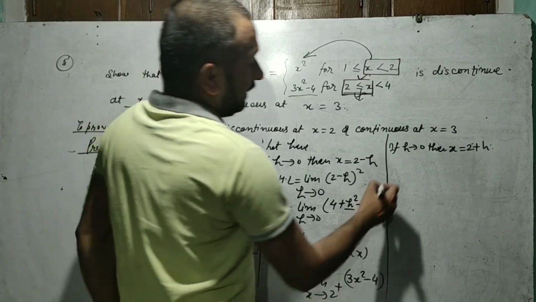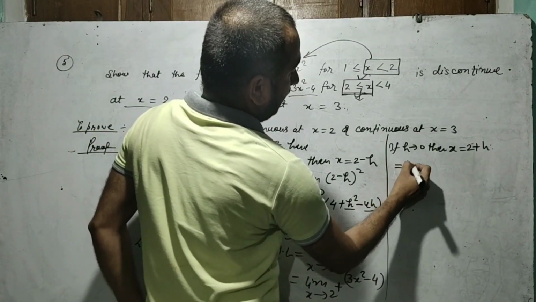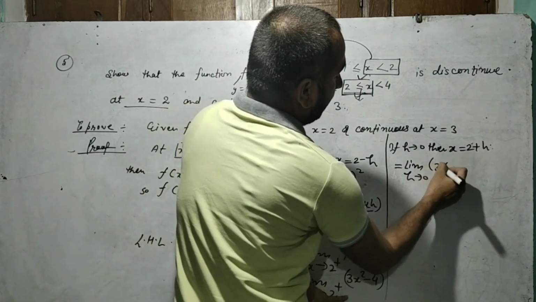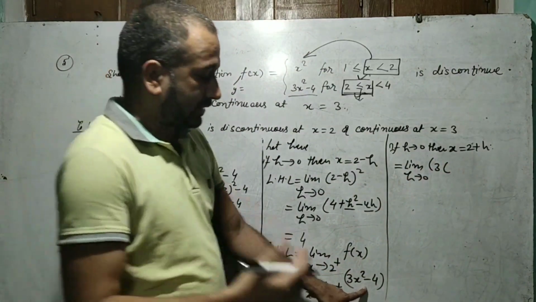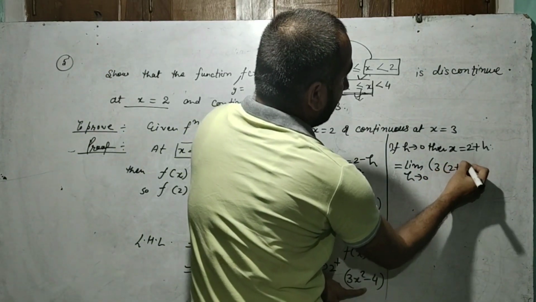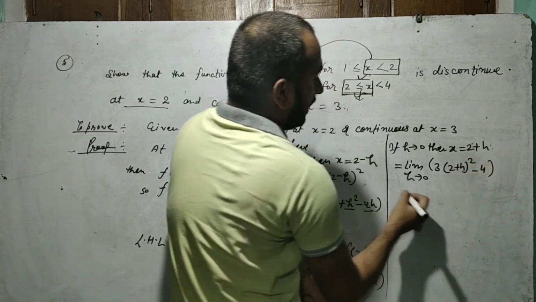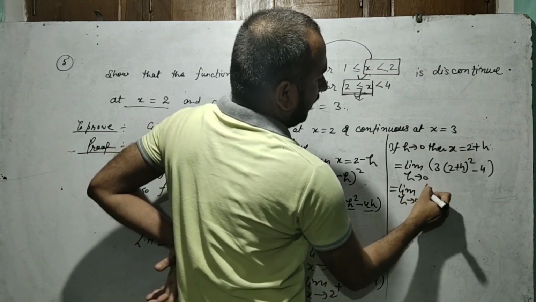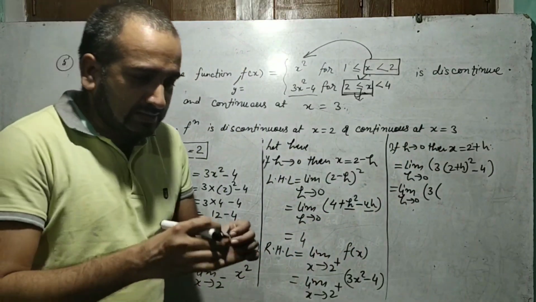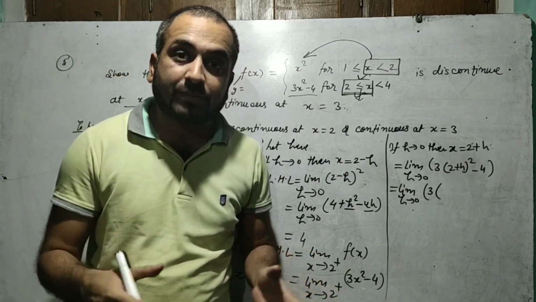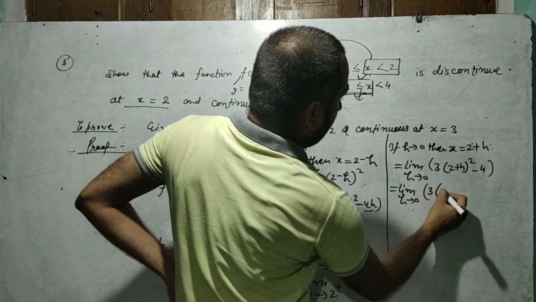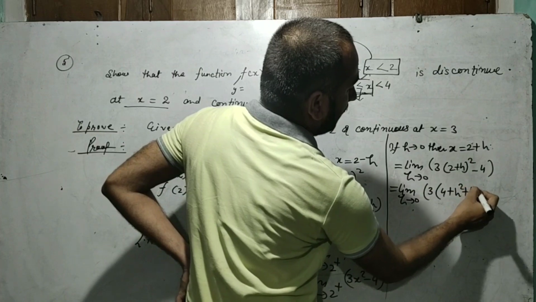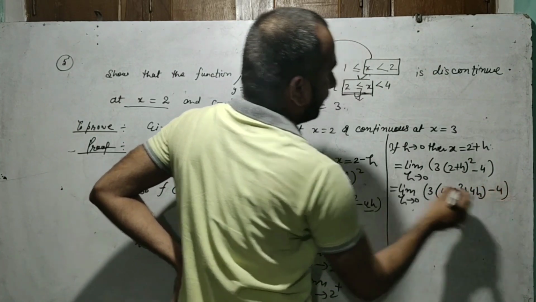So the limit as h tends to 0 gives 3 times, the value of x being 2 plus h, so (2 plus h) whole square, minus 4. 3 of (2 plus h) whole square is again in the form (a plus b) whole square, giving a square plus b square plus 2ab, that is 4 plus h square plus 4h, and minus 4. Is this clear?